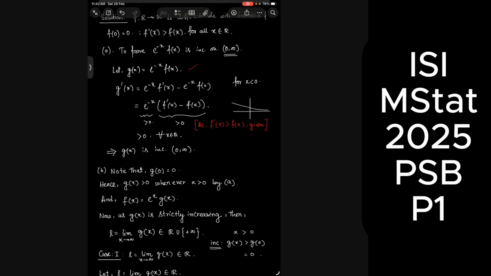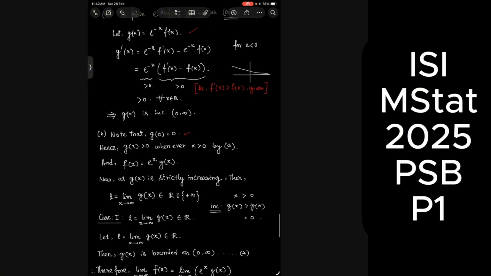Hence we have seen g is an increasing function. Due to that property, for x greater than 0, g x will be greater than g 0, that is 0.